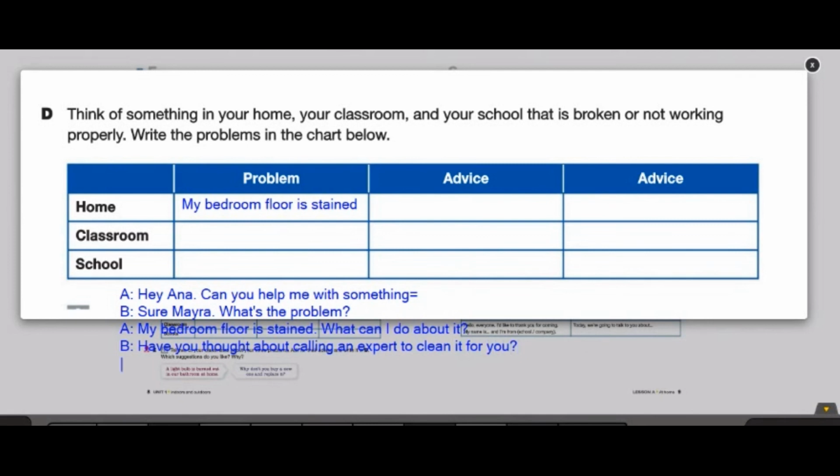If you like the advice, you will say, oh, great idea. If you don't like the advice, you're going to say, remember one of the expressions, well, I don't think so. That's too expensive. Then person B will say, I don't know, give another piece of advice.